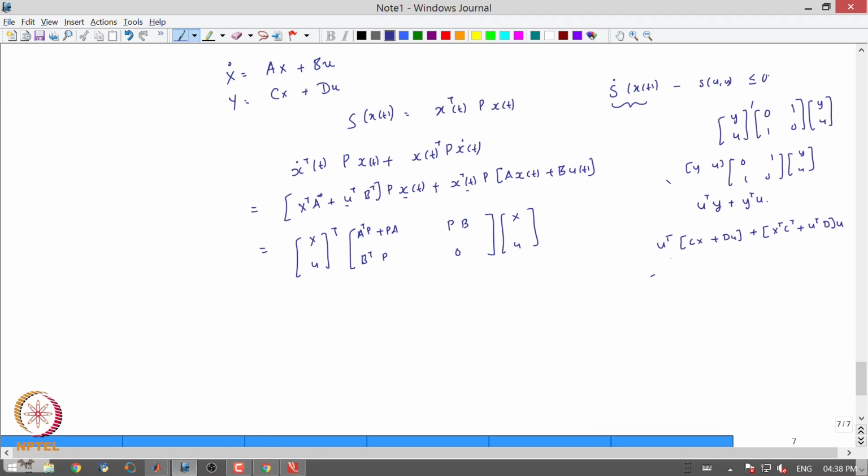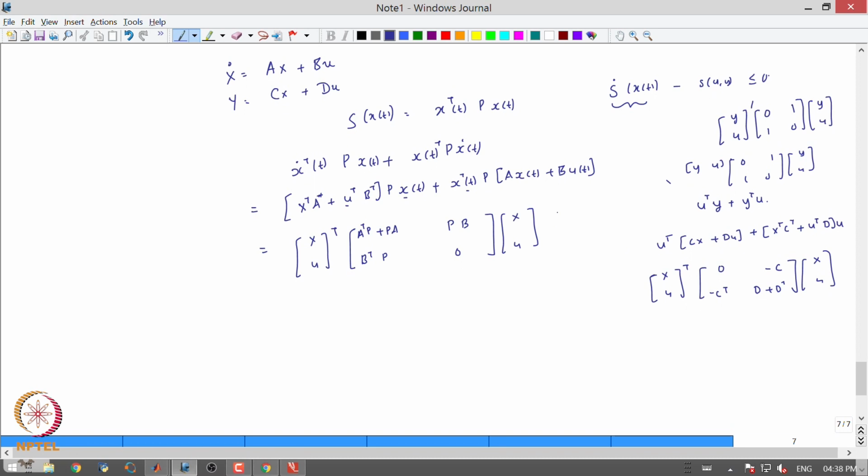I will have again terms relating to x u transpose and x u. I have terms relating to u transpose C, so I will have a minus C transpose, there will be a 0 here, and here will be D plus D transpose. So I just subtract it here.